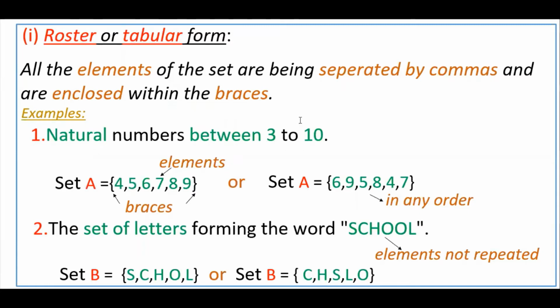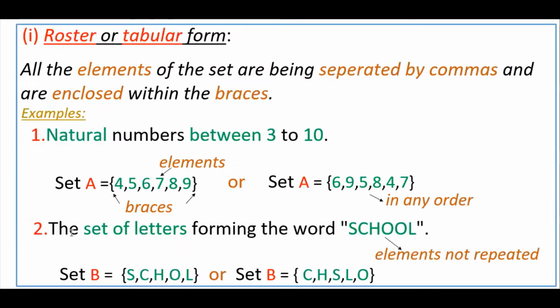We know that the natural numbers between 3 and 10 are 4, 5, 6, 7, 8, 9. So these elements you have to represent in the set like this, inside the braces and separated by commas. This is the representation of the set in roster form or tabular form. And the same set you can write as A is equal to 6, 9, 5, 8, 4, 7. The same elements can be written in any order.